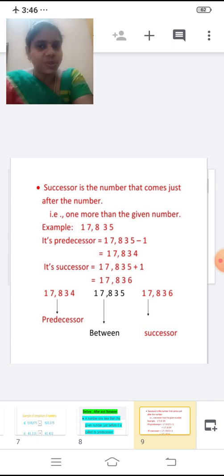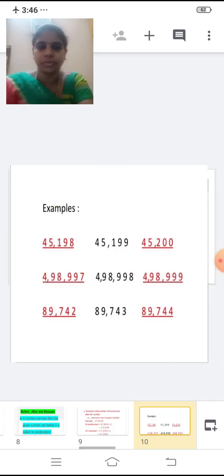So 17,836 is the successor of 17,835. So what do you mean by between number? The number that comes between two numbers is called a between number. We'll see some more examples now.